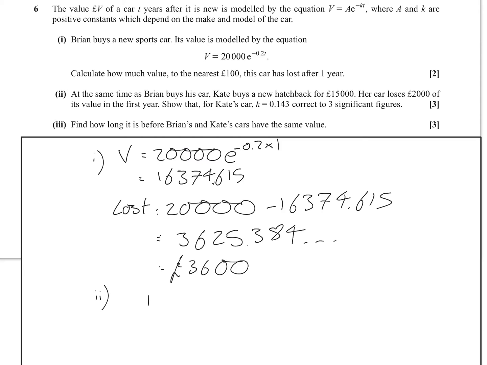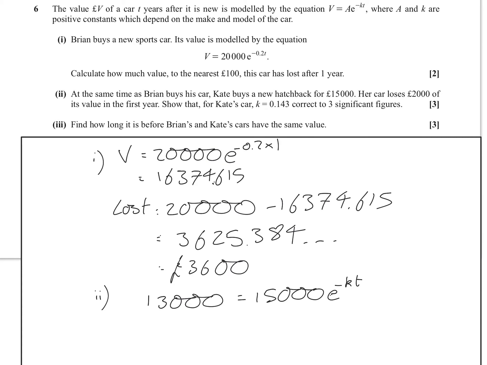They want you to say 13,000 equals 15,000 e to the minus kt.